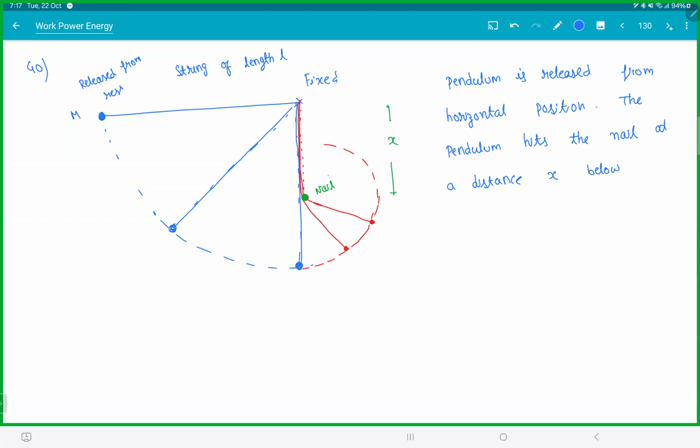Find x if it completes a vertical circle. So this thing completes a circle about the nail.